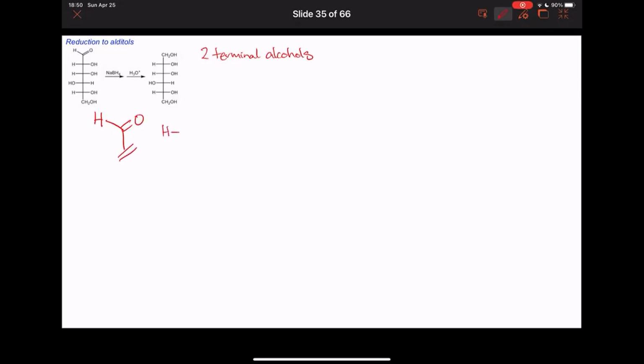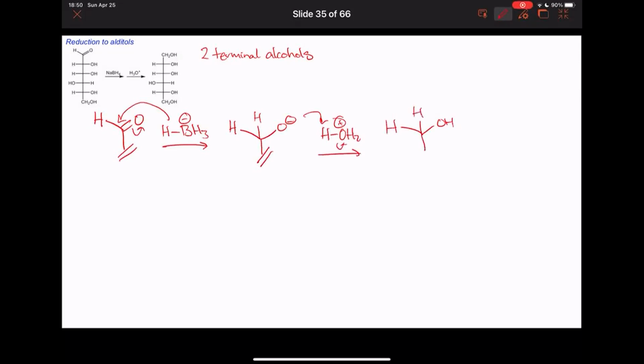So we'll be using NaBH4. This hydrogen will come in to attack and then send those electrons up. Then you'll come in with your workup, just to protonate, and form that primary alcohol up there.